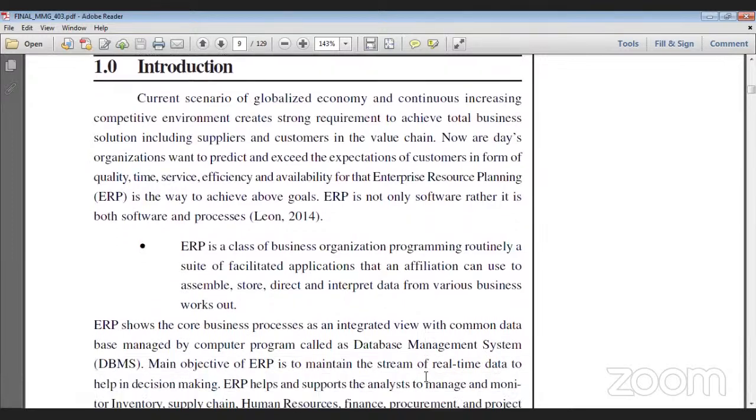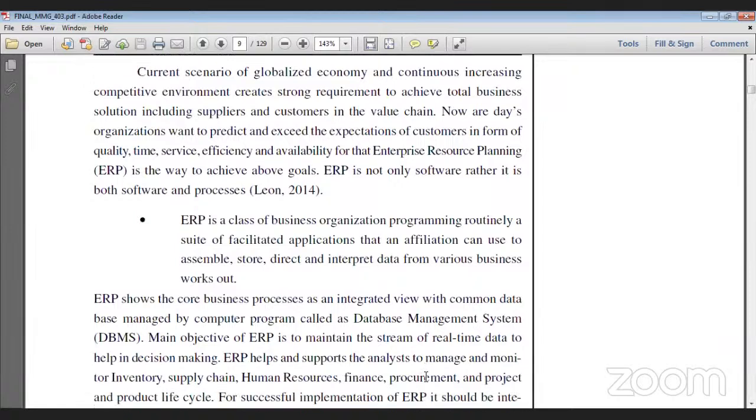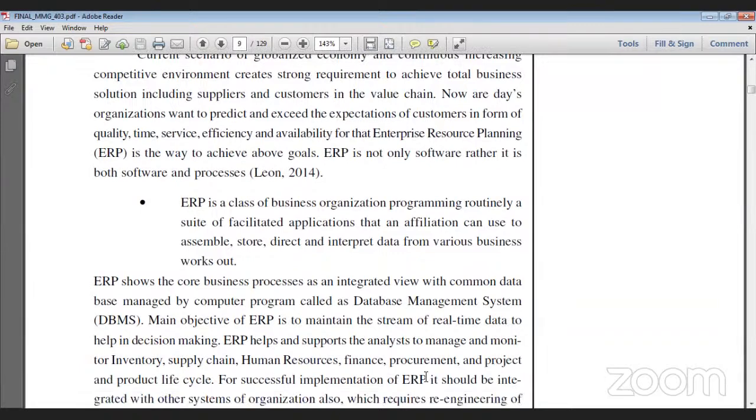ERP is a class of business organization programming, a suite of integrated applications that an organization can use to collect, store, direct, and interpret data from various business activities.